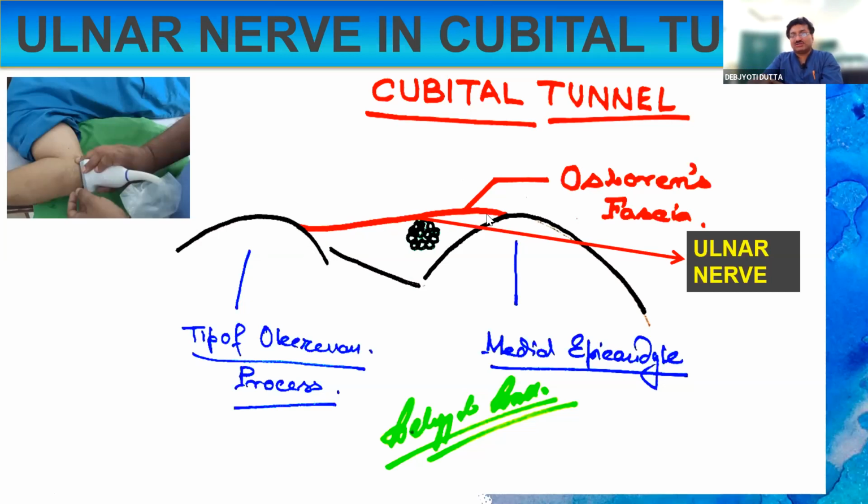What does the Osborne's fascia do? From the medial epicondyle to the tip of the olecranon process, this is a band-like structure. When this fascia is deficient, it might cause subluxation of this nerve over the medial epicondyle.